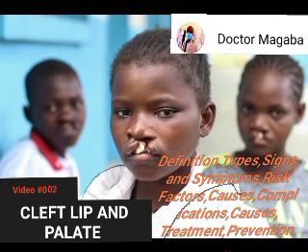Then the other complication is speech difficulties, because the palate is used in forming sounds. That is something you have to note. The development of normal speech can be affected by a cleft palate, and speech may sound too nasal.